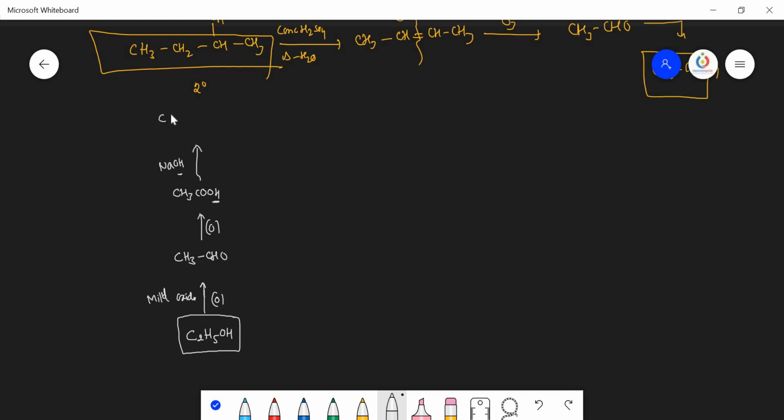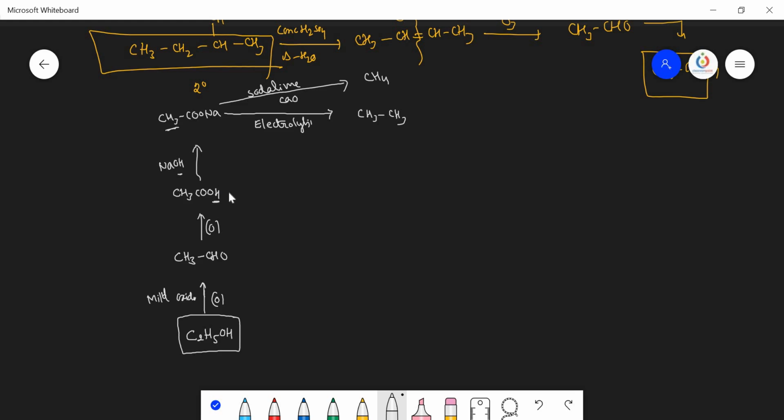Then you will get CH3COONa, and this CH3COONa on electrolysis, the COONa will be removed, and we shall get the ethane molecule. If it is subjected to soda lime, or just calcium oxide, both are enough, then you will get methane.